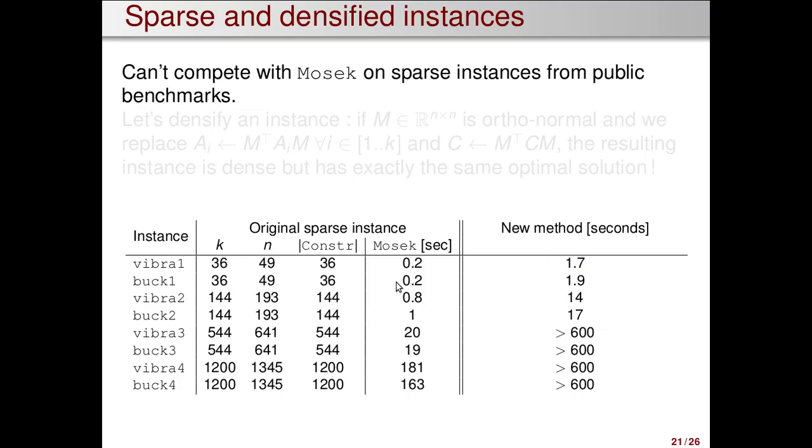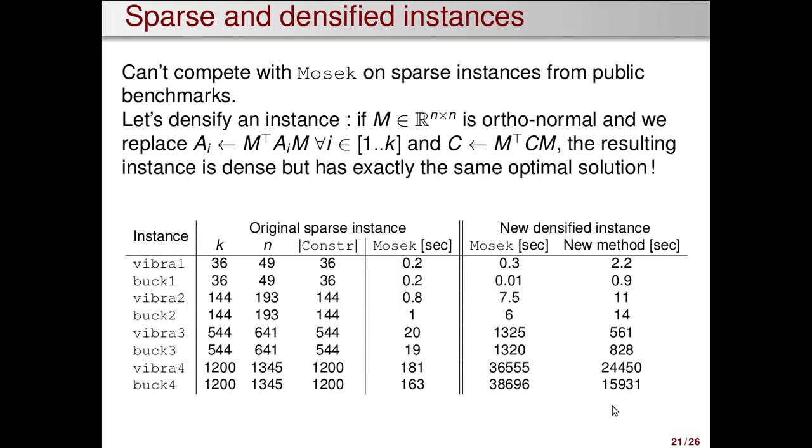As we can see, for an instance like this, it can be almost 20 times slower, let's say 17 times slower. If the instance gets bigger, it can be 50 times slower or worse. So I must confess, sometimes I need to lose. On such instances, I'm not better than Mosek, which is one of the fastest solvers.